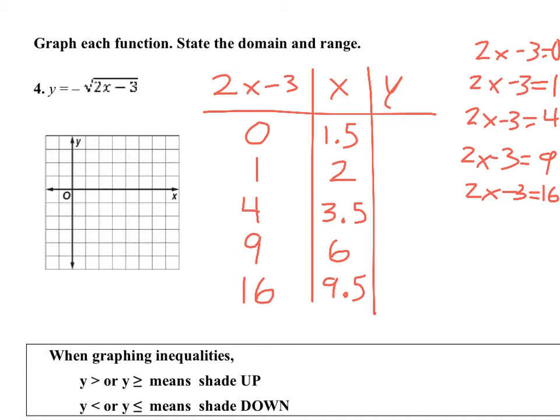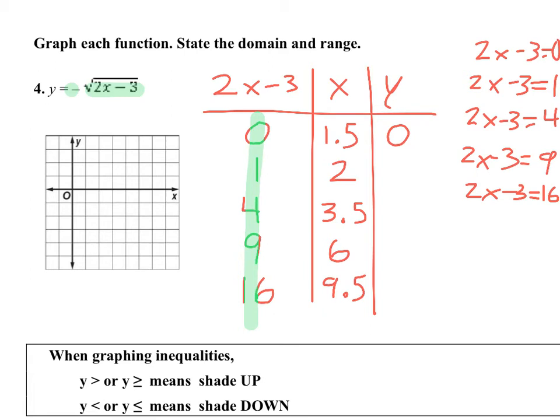Alright, so what I'm going to do is take the square root of all of these and then multiply those by negative 1. Okay, so the square root of 0 is 0. 0 times negative 1 is still 0.